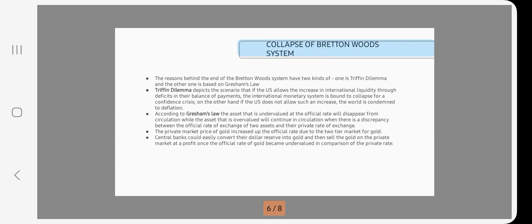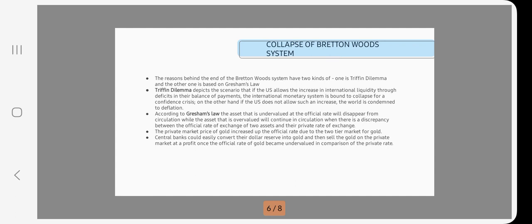The explanation of Gresham's law in relation with the Bretton Woods system is that the private market price of gold increased above the official rate due to the two-tier market of gold.